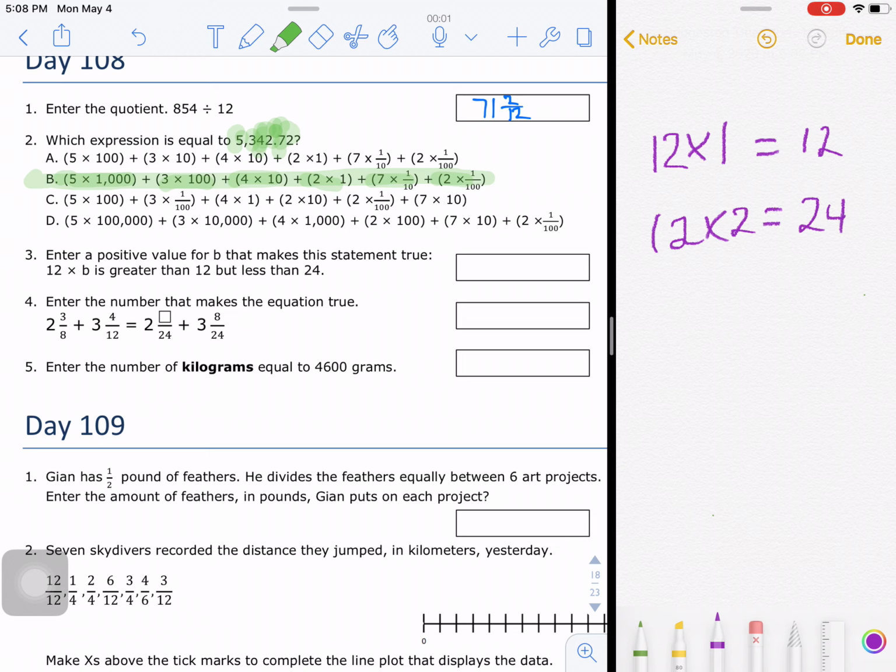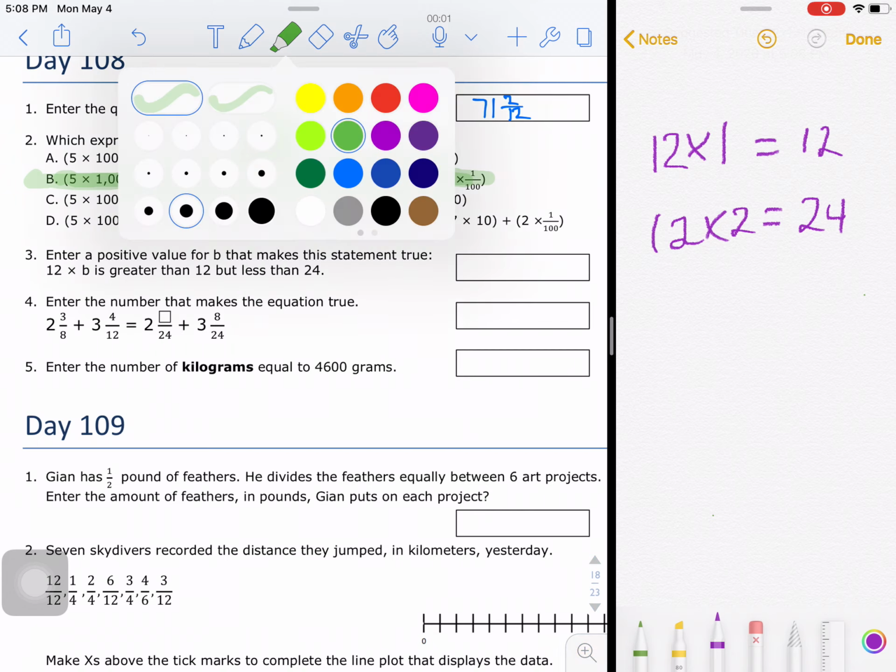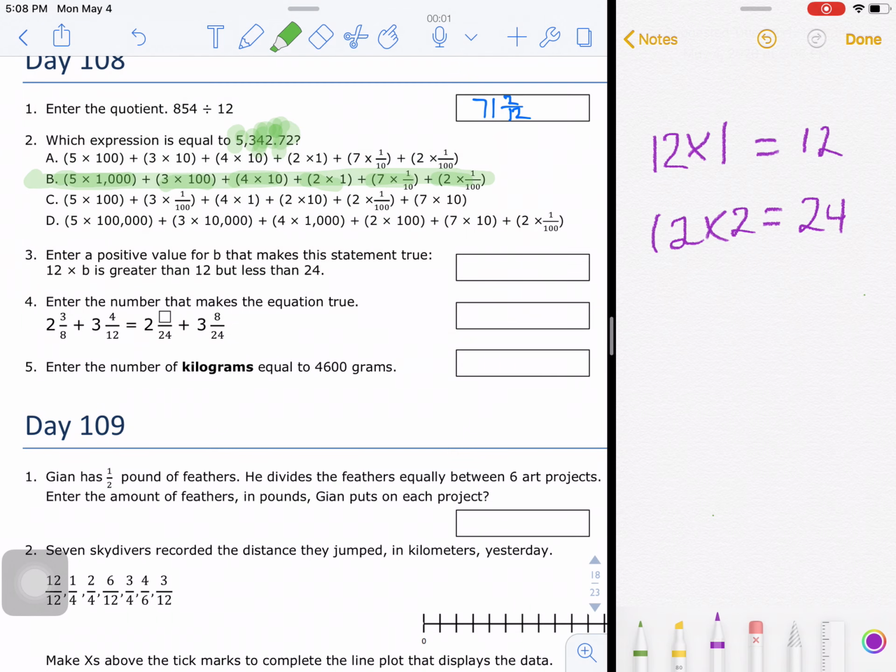But we're looking for a product that is greater than 12, but less than 24. So our product is going to fall between 12 and 24, which means that my multiplier has to be between 1 and 2.